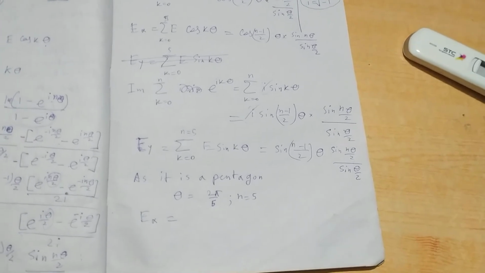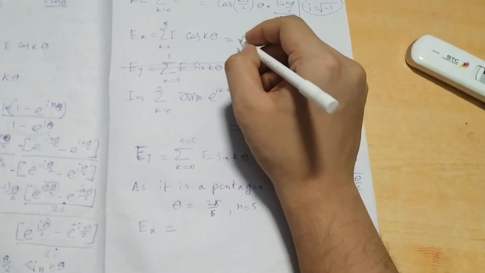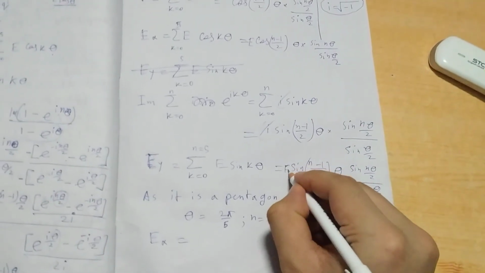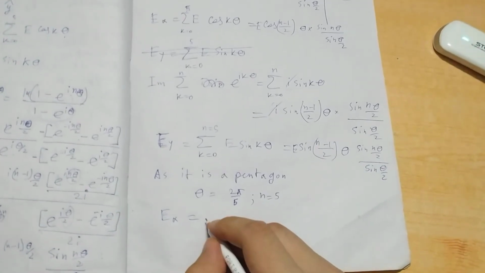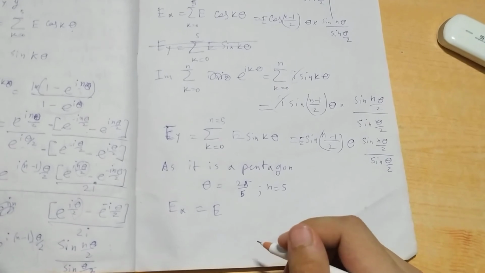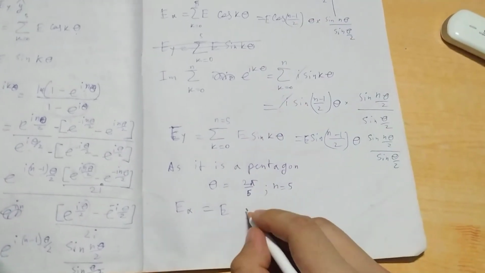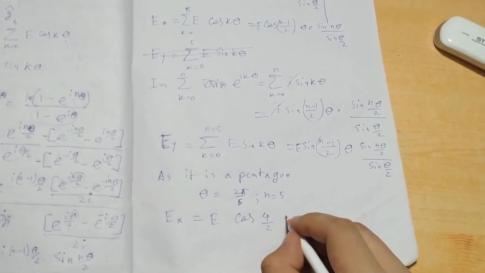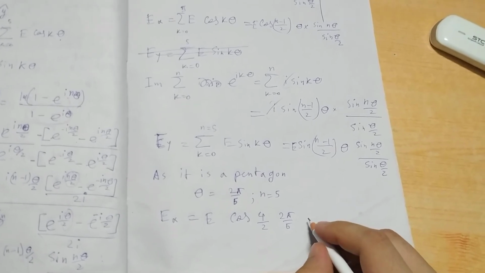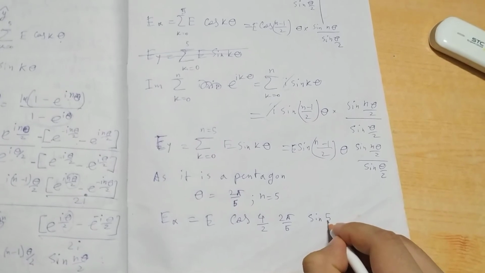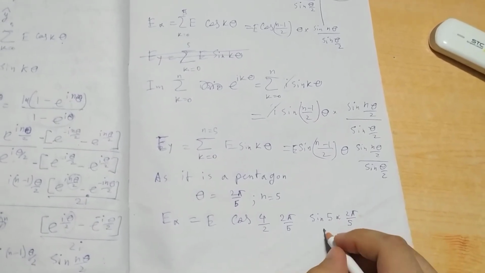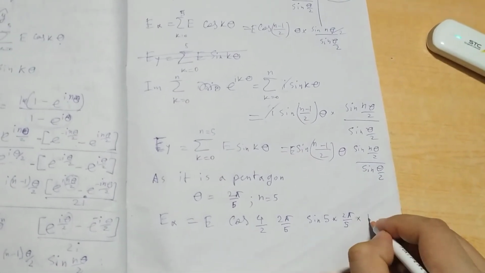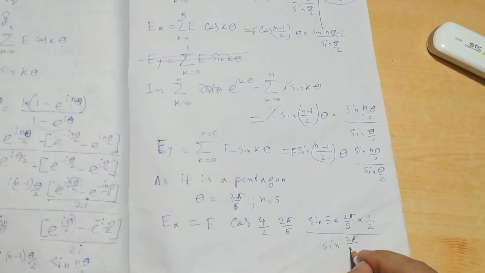Ex is equal to E, which is a constant, multiplied by cos of (n minus 1), so 4 by 2, into theta, that is 2 pi by 5, and sine of 5 into 2 pi by 5 into 1 by 2, divided by sine of 2 pi by 5 into 1 by 2.